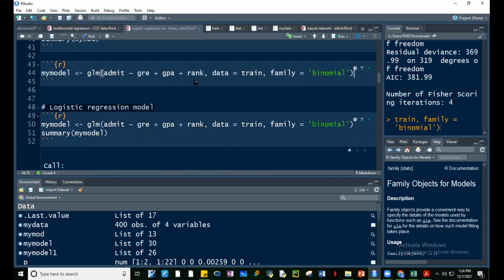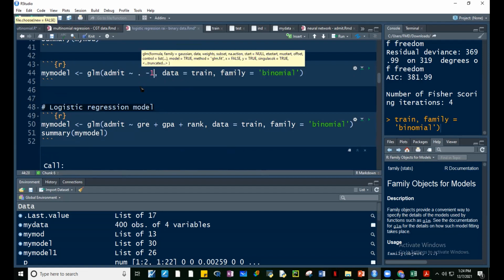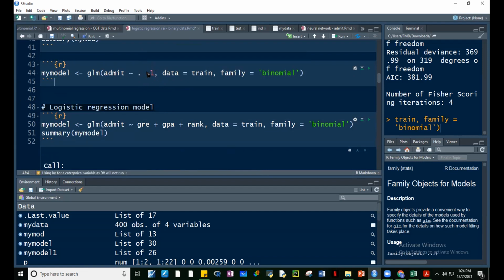Okay. So lagyan ko na lang dito ng that. Let me just check. I'm not sure about this. I haven't checked this guys if it will work. So the negative one there indicates that yung dot dito, di ba, ibig sabihin niya then use all the independent variables as regressors. And then -1 here means that do not compute for the intercept.